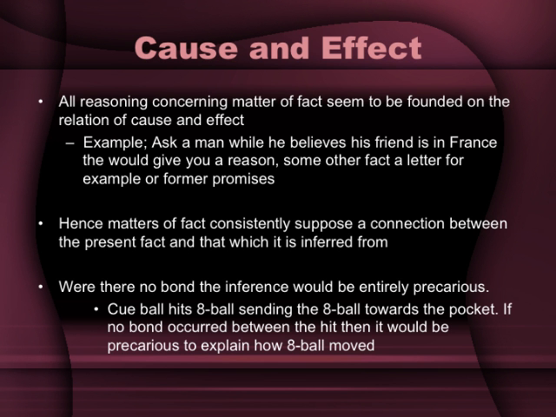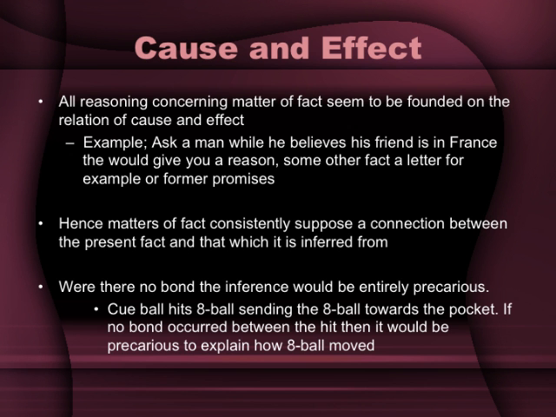And it is inferred from a causal chain of that which has already happened. Every day since I've been born, the sun rises in the morning. And so I believe through a causal chain of events, the way the earth revolves around the sun, that the sun is going to rise every morning. If there were no bond, no causal chain of events, the inference would be entirely precarious, according to Hume. Basically, it wouldn't make sense if there were no causal bond.